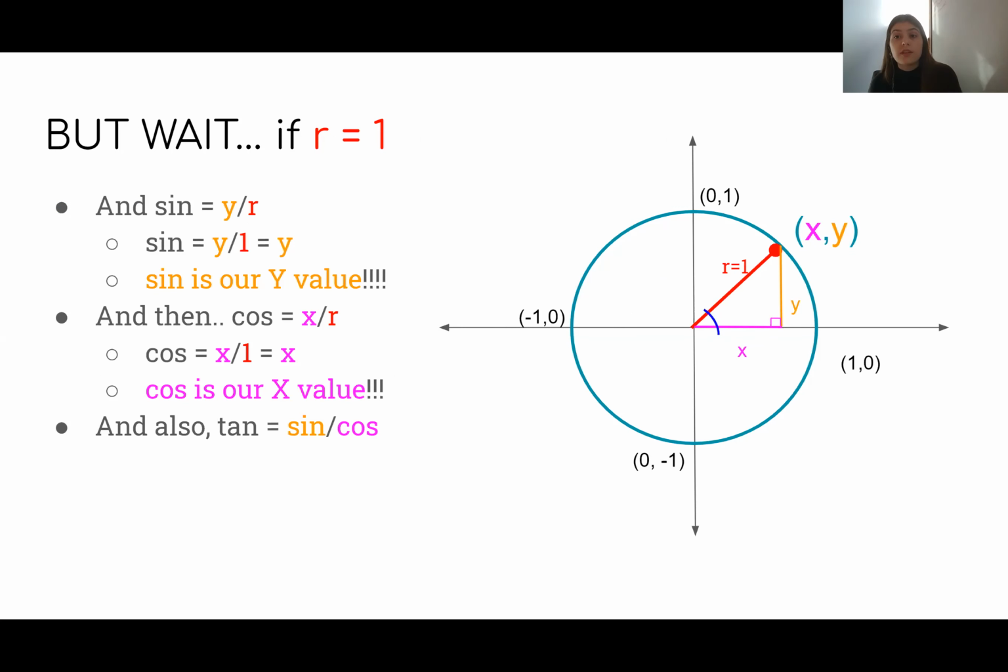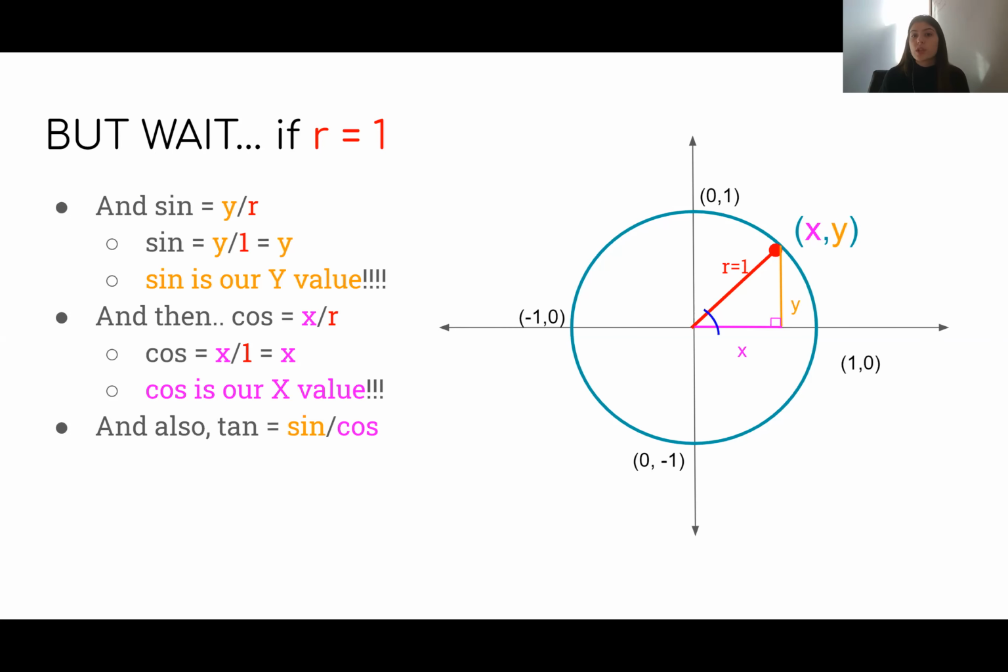Because 20 divided by 1 is 20, 3 divided by 1 is 3. So y divided by 1 is just y. So that means sine equals y. In other words, in our unit circle, and that's why it's especially important in the unit circle that our radius is 1, our sine value is our y value.